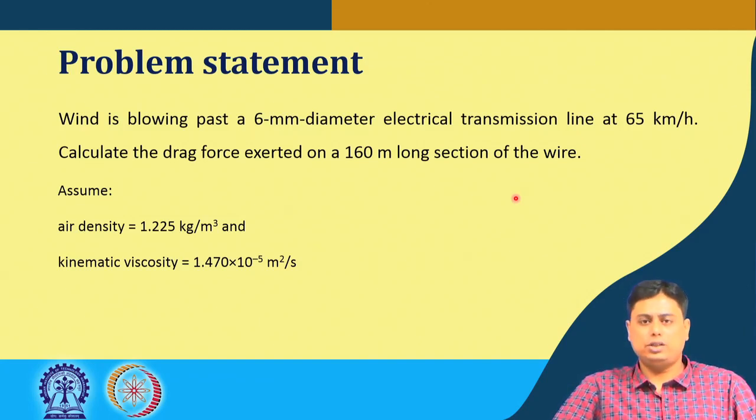For different shapes of the object and different orientations of the flow, there are several charts and tables available. So, the first task is to calculate the Reynolds number for this flow. Then we take the value of CD accordingly and calculate the simple drag force.